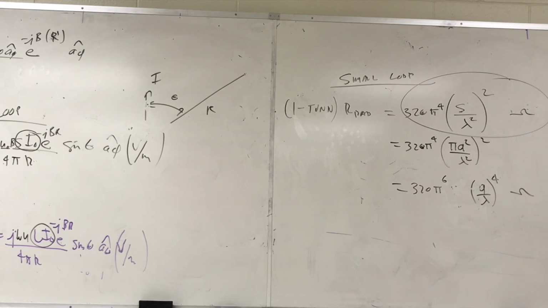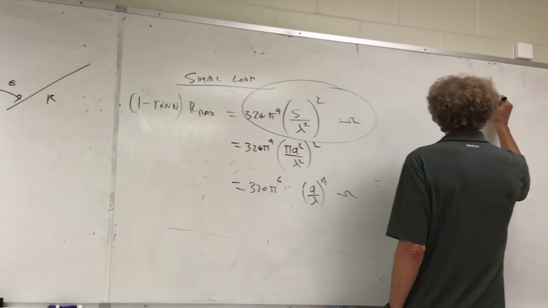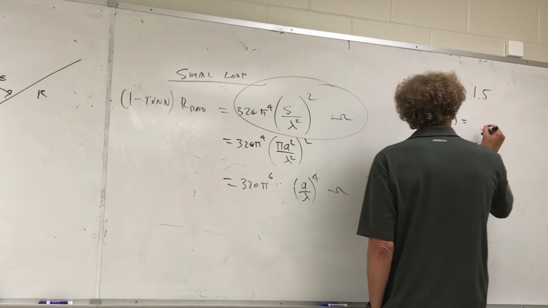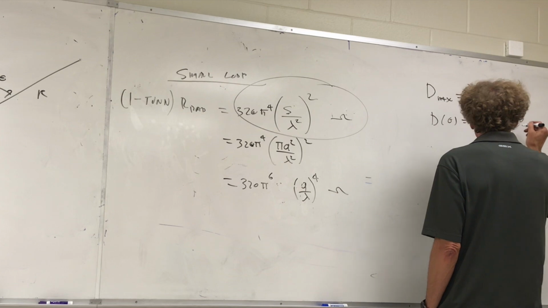If the E field has the same sine theta variation, if you square that, it'll be sine squared for power, right? Normalized power pattern is the same. What actually happens out of this is the directivity, D max for this one, is the same as a short dipole. It's simply 1.5. And the total directivity as a function of theta is 1.5 times the sine squared of theta.